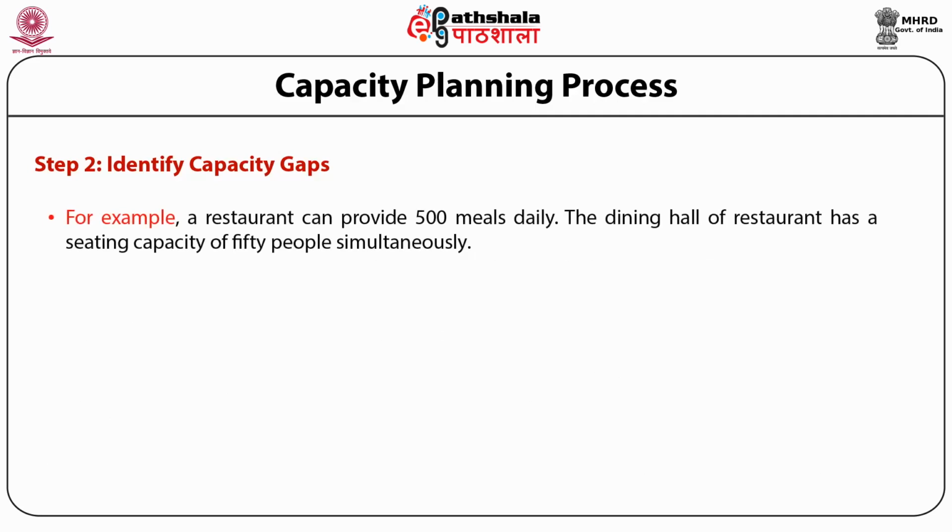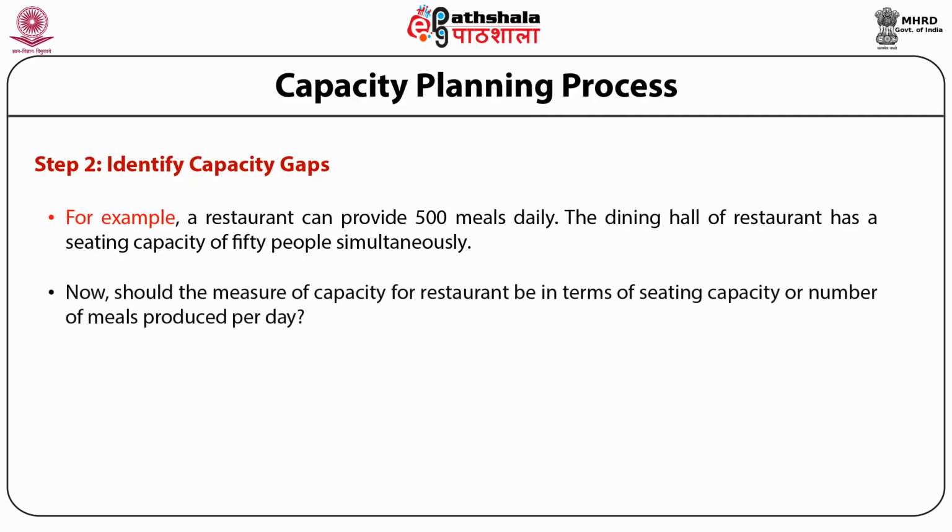For example, a restaurant can provide 500 meals daily. The dining hall of the restaurant has a sitting capacity of 50 people simultaneously. It is estimated that daily on an average 350 customers enjoy the service of the restaurant.